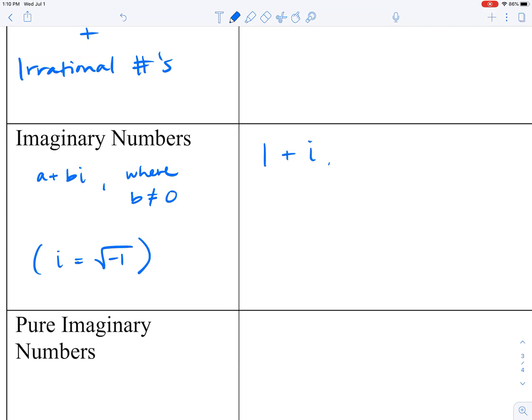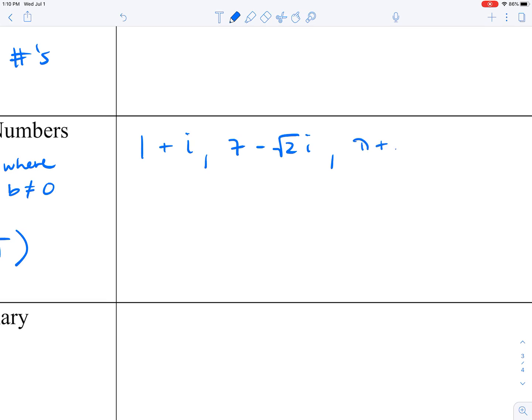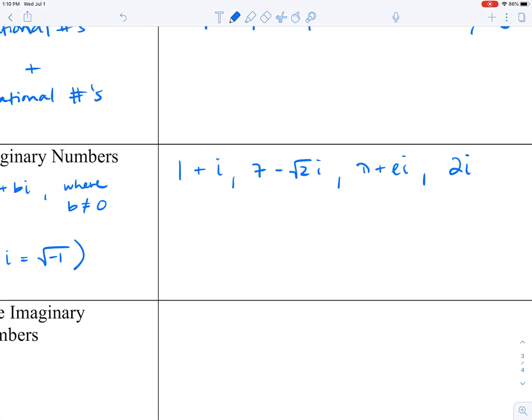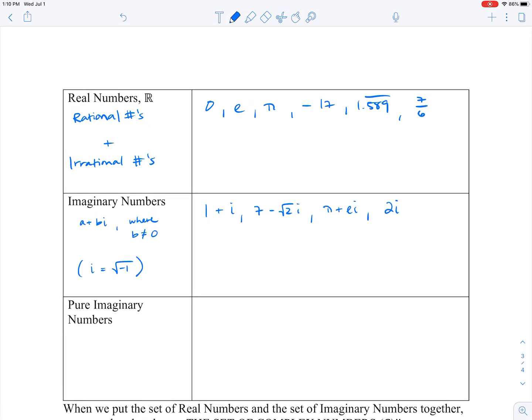So if a number has an i in it, an imaginary part, then it is an imaginary number. So some examples could be like 1 plus i, or 7 minus root 2 i. How about like pi plus e i, even 2i, or even i just by itself. Those are examples of imaginary numbers.